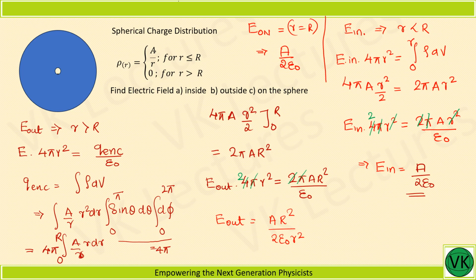So this means that inside, the electric field is constant, and on the surface it is A by 2 epsilon naught.